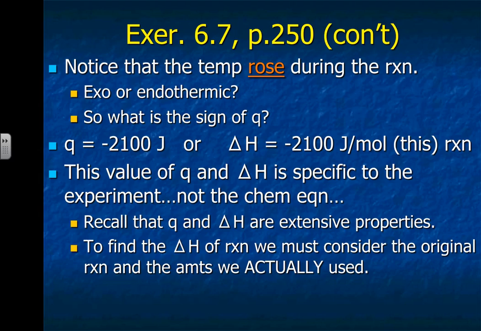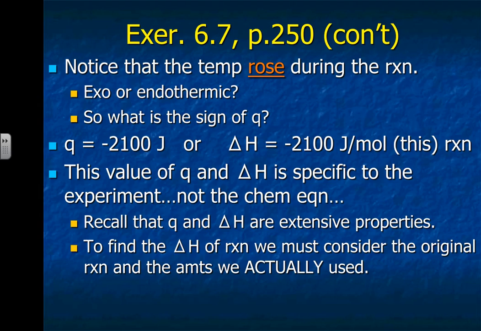So I have to understand that when I did this reaction, I didn't use a full mole of these chemicals. I used a lesser amount. And that's why I have here per mole of this reaction, because they actually want a standard value. They want the enthalpy change for the reaction, and they want it based on the chemical reaction, not the experimental reaction.